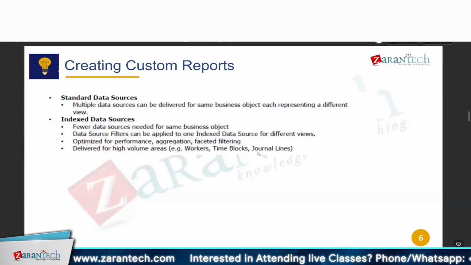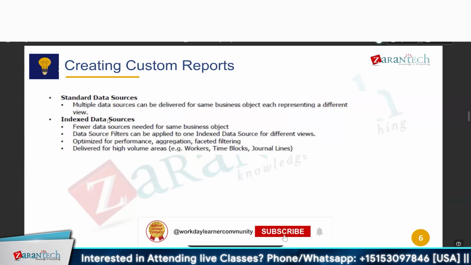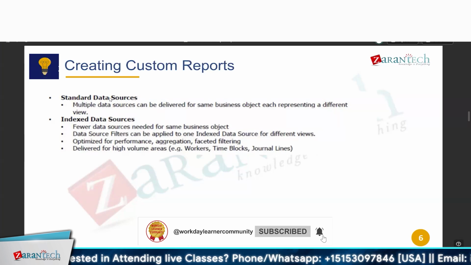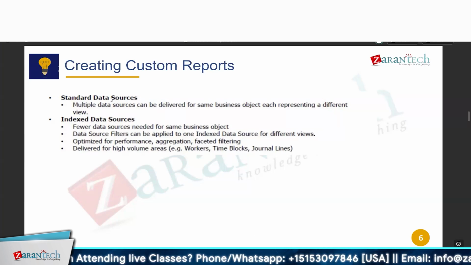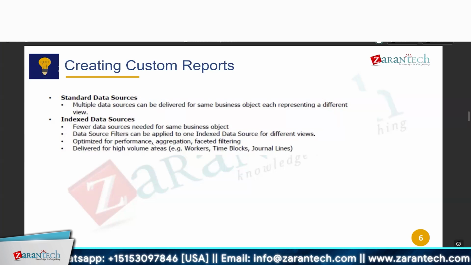For any company, there can be millions of journal lines, so even in that case the preferred data source is an indexed data source. A standard data source we usually use when we have low volume and more transactional purposes, but an indexed data source is mostly used for performance optimization, where filters can be applied very minimally so that the data source can pull a huge volume.